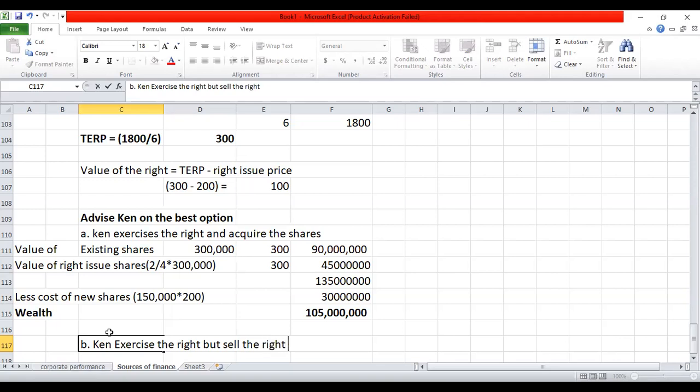He can accept to exercise. Excuse me, where did we get the cost of new share? The 150. Which one? Cost of new share 150 is what? The number of shares. The new shares that he is getting.